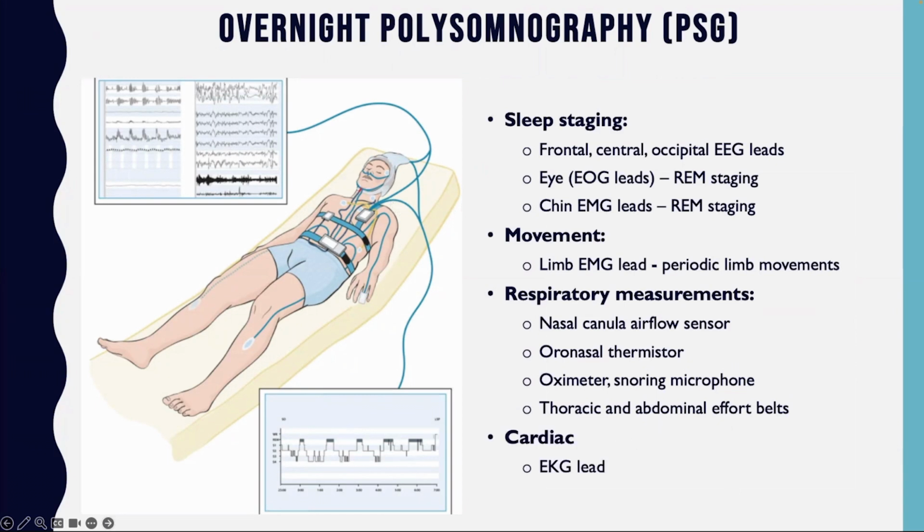And last, we use cardiac leads to evaluate the heart rhythm. With these signals, we can get a comprehensive understanding of the patient's sleep, and this allows us to diagnose disorders such as obstructive sleep apnea, movement disorders, and get an understanding of their sleep architecture.